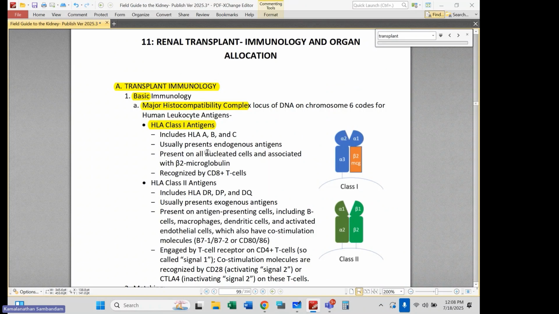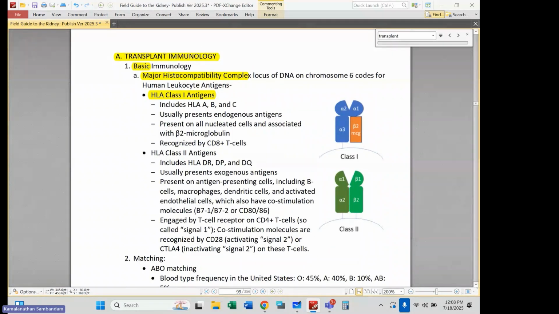We have, in broad strokes, two major classes of HLA antigens that are important for renal transplantation. The class 1 antigens, which are visually portrayed in this figure, are the HLA A, B, and C molecules, okay? And those are present on all nucleated cells, okay?